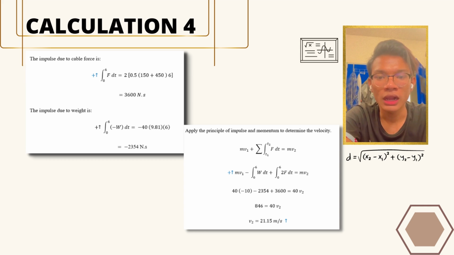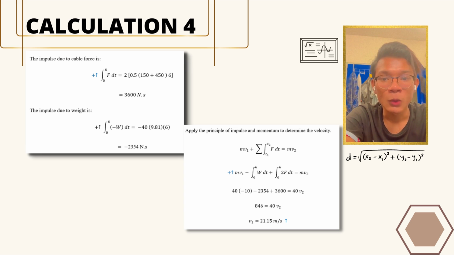Next, for calculation 4, to find the speed of the crate, first we need to find the impulse due to cable force, and second, the impulse due to weight. The impulse due to cable force is 3600 newton-seconds, and the impulse due to weight is negative 2354 newton-seconds.